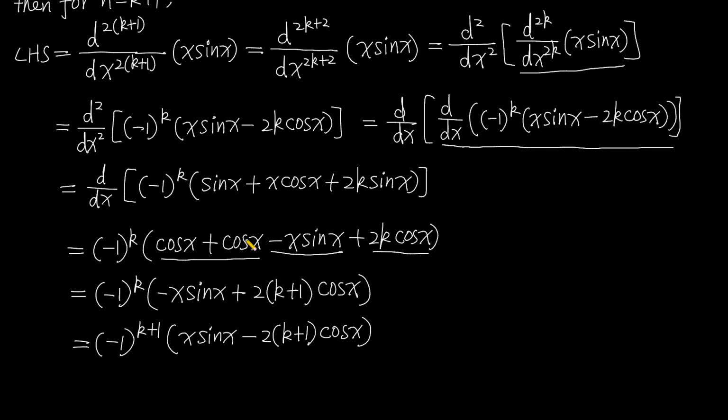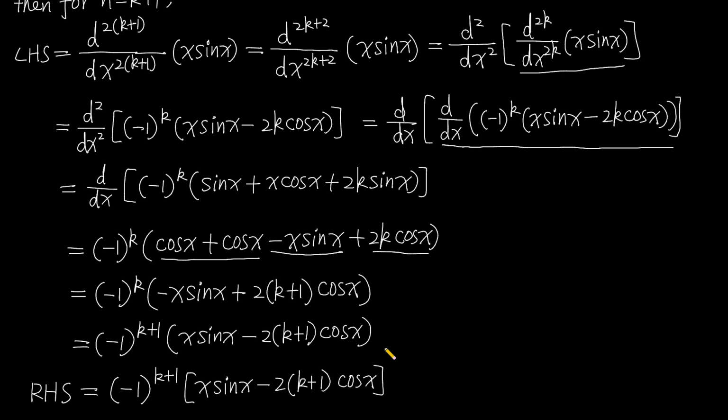So this is the left-hand side. Now we check the right-hand side. Right-hand side equals negative 1 to the power of k plus 1 multiplied by x multiplied by sin x minus 2 multiplied by k plus 1 multiplied by cos x.